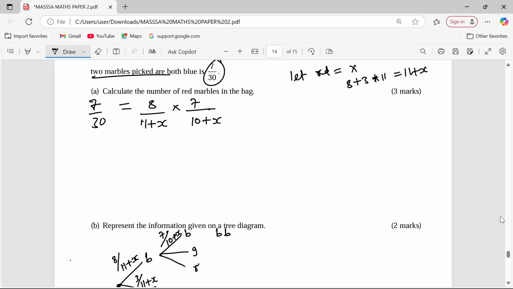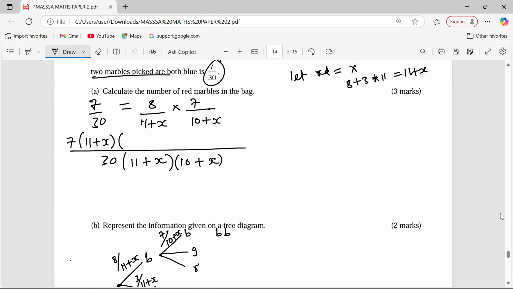So now let me use the LCM actually. 30, 11 plus X, 10 plus X, that way. So LCM divided by 30, we will have 7 into 11 plus X and 10 plus X, equals LCM divided by the denominator, which is 8 over something there.